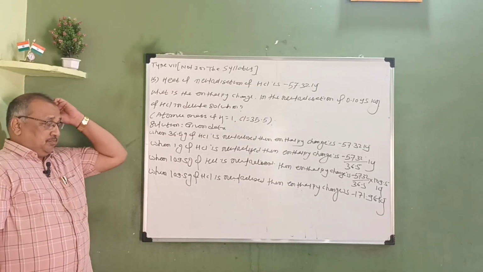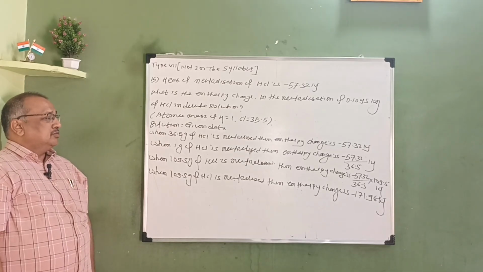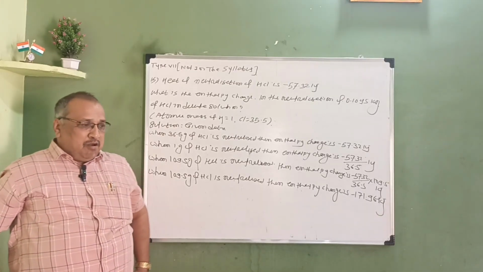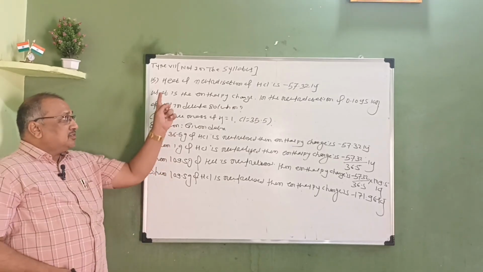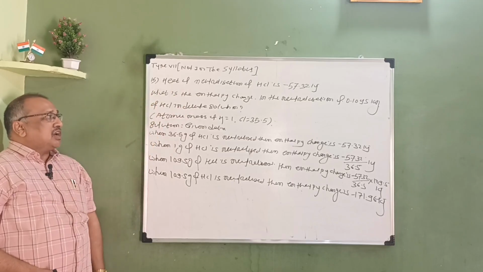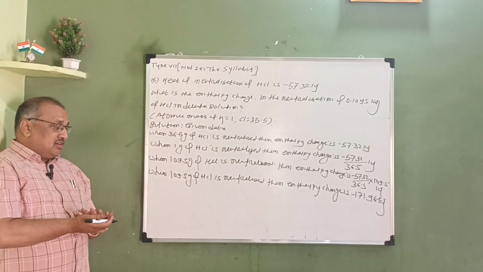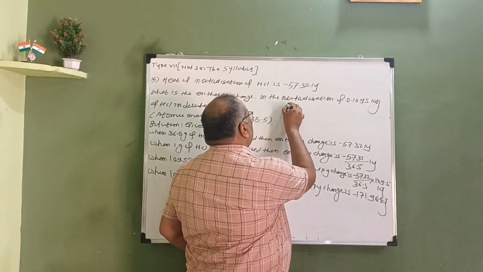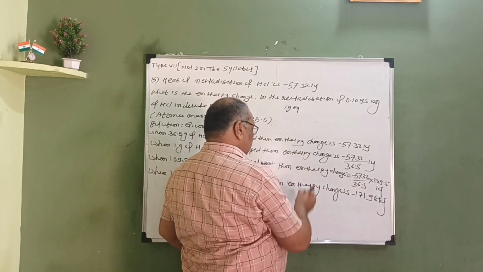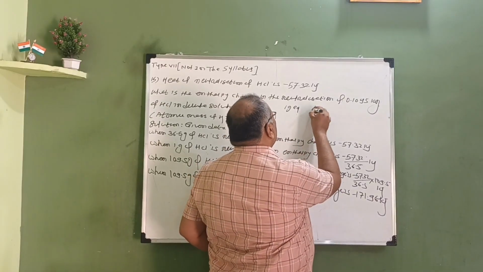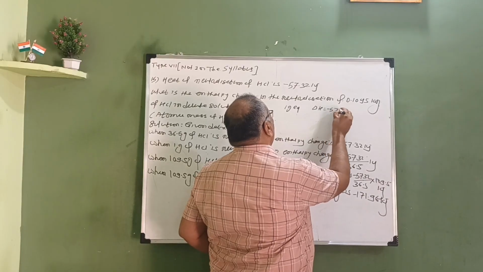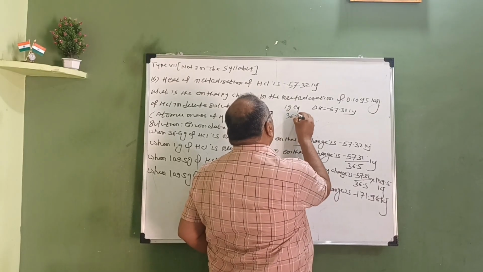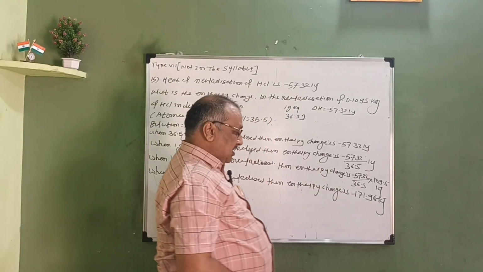Now the same numerical can also be solved with the help of shortcut or directly. Here heat of neutralization of HCl is minus 57.32. That means when 1 gram equivalent of HCl is neutralized, enthalpy change is minus 57.32 kilojoule. 1 gram equivalent of HCl means 36.5 gram.